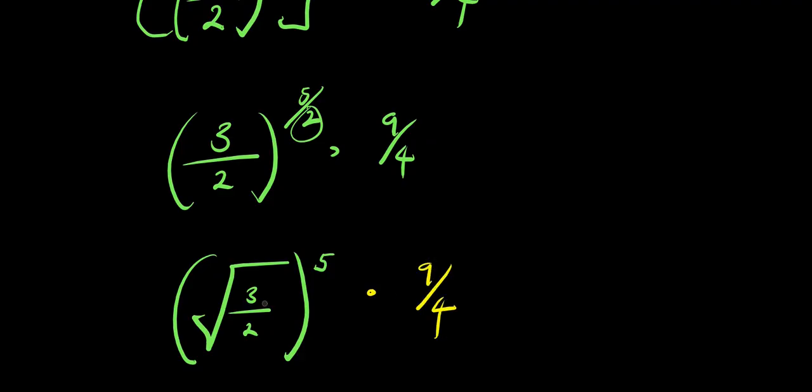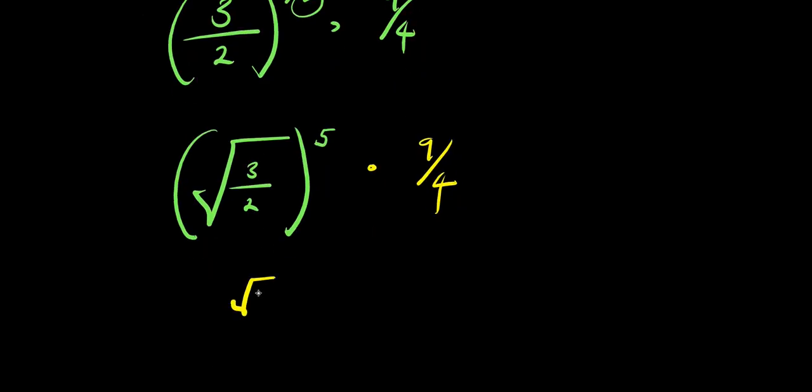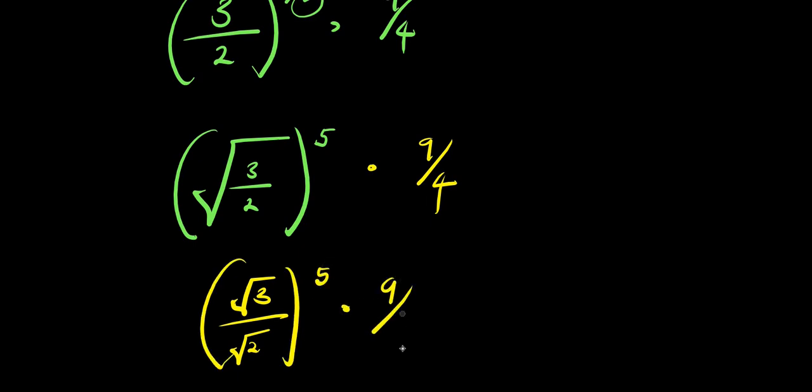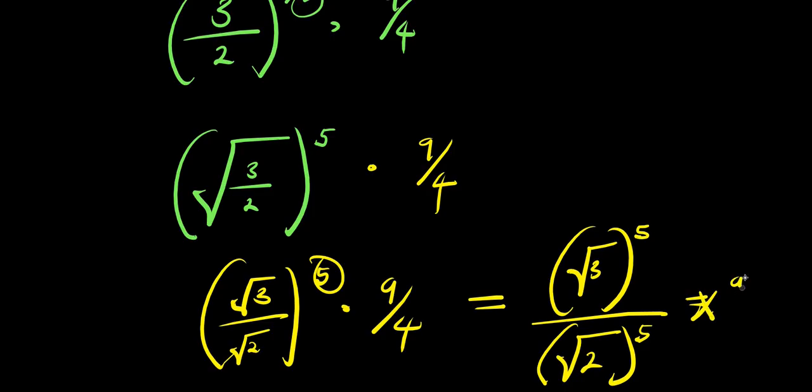And from here, I can have square root of 3 divided by square root of 2. And this is raised to the power of 5 times 9 over 4. And this will simply give you square root of 3. Let me distribute the exponent to each of the terms here. Raised to the power of 5 divided by square root of 2 raised to the power of 5. And this equals this times 9 over 4, right?